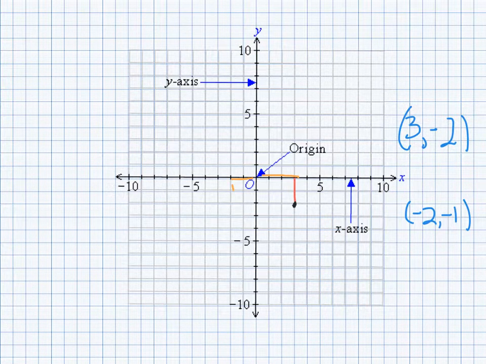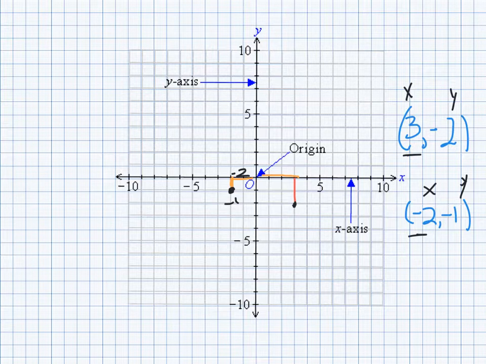And that would be right here, and so my point is going to be there. So that is -2 and -1 here. So the first number is always your x, and the second number is your y. Okay.